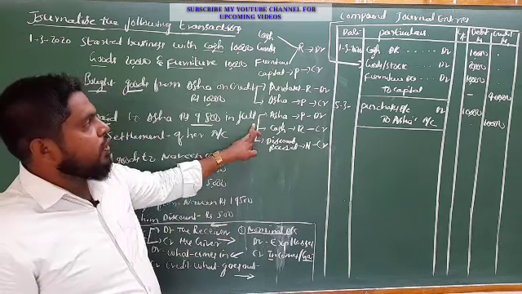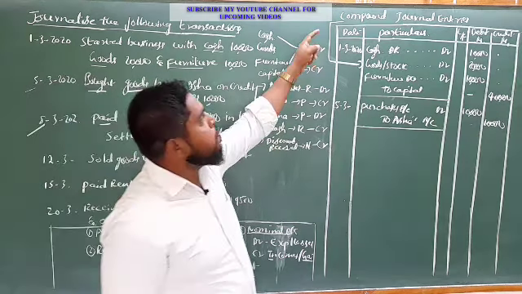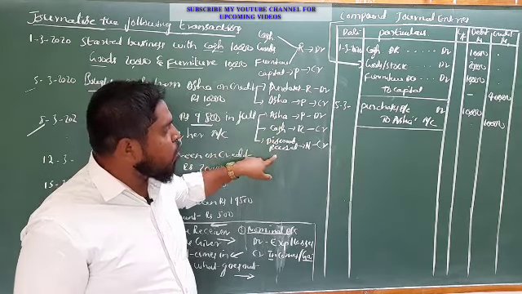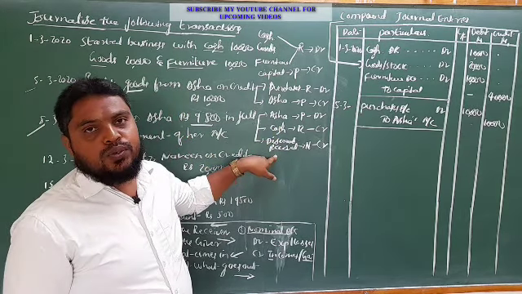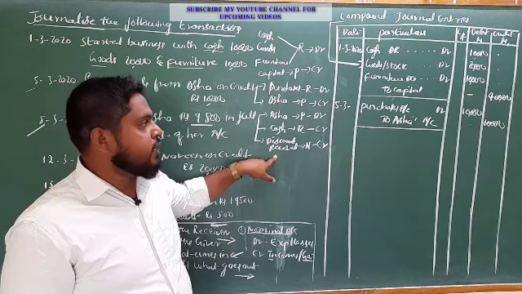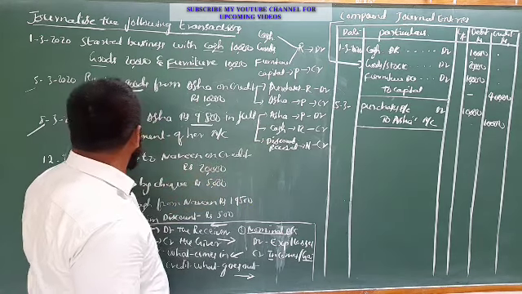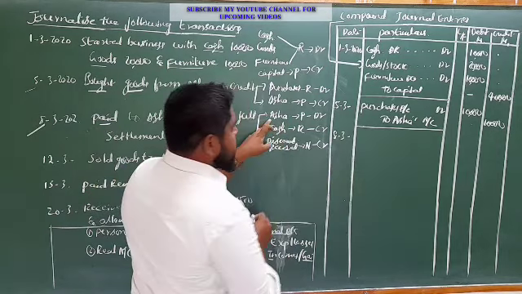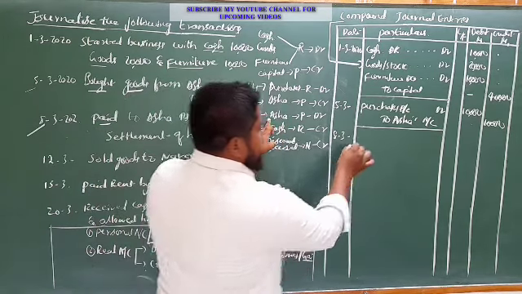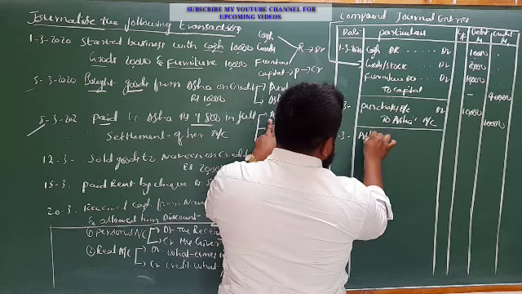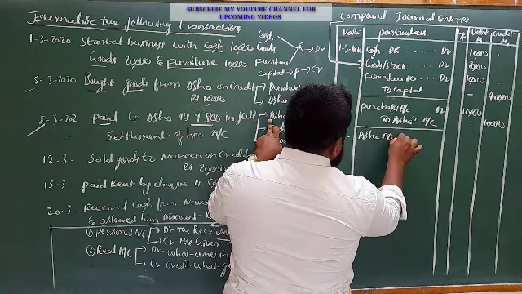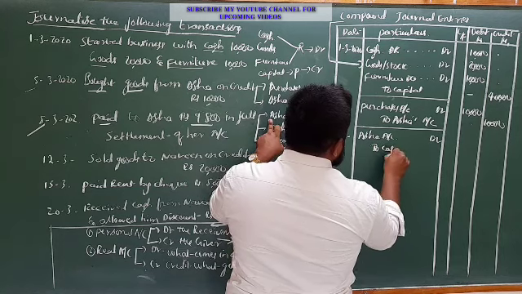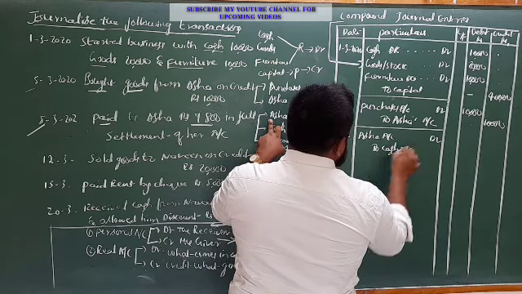So here also we can say this is a compound entry. Why? Because 2 accounts are credited here. Now passing the entry on 8th. First the debit entry: Asha account debit to cash account.